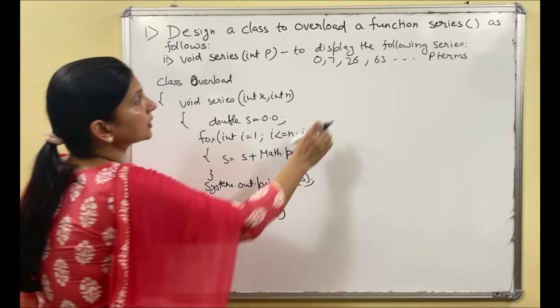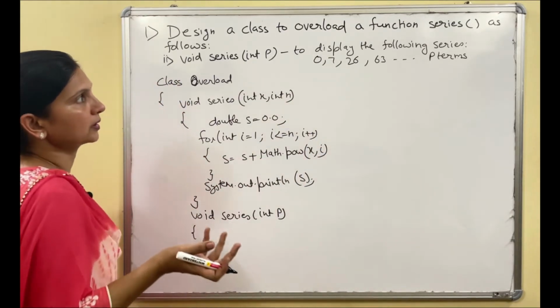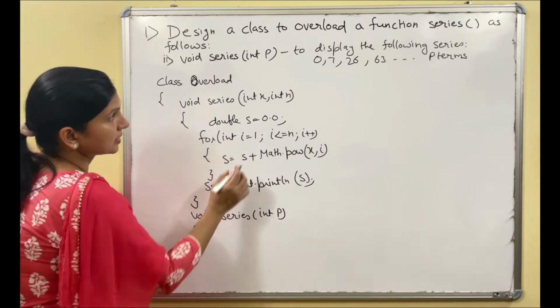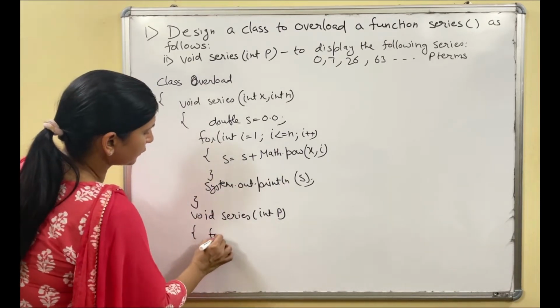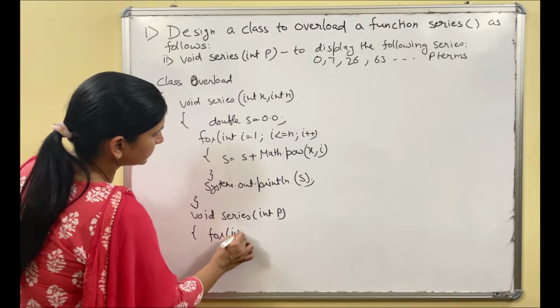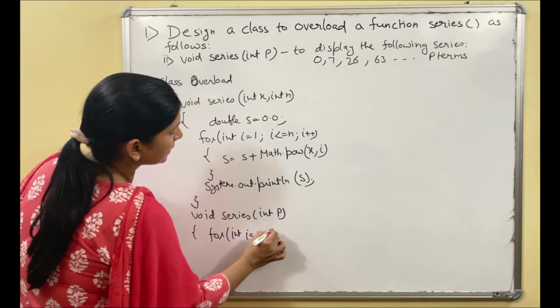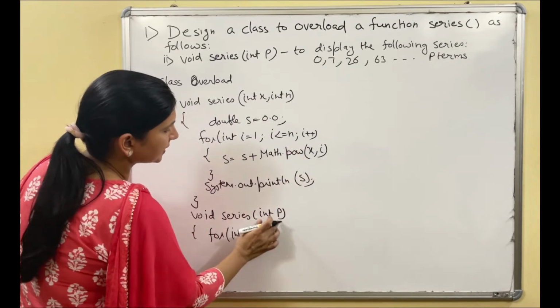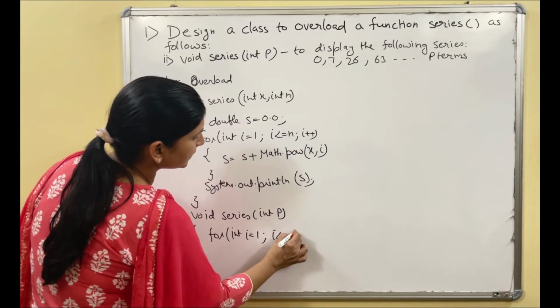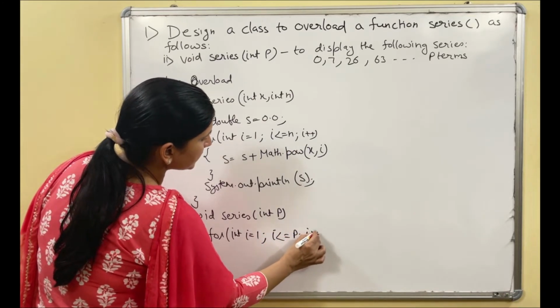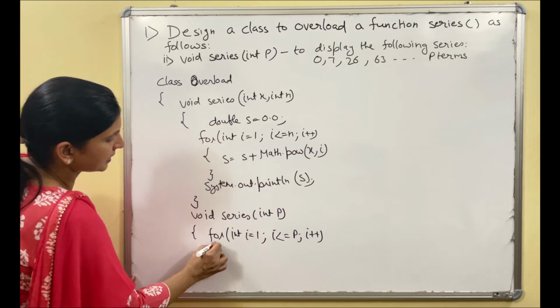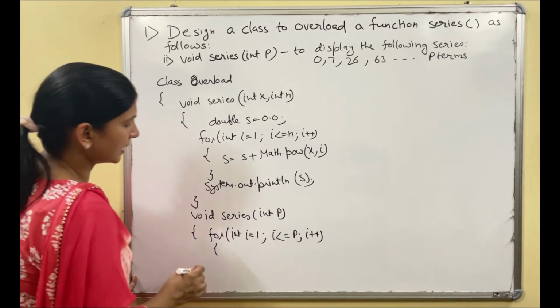Now we need to display only, so no need to take a variable. Simply, we will write for int i equals 1. How many terms are there? P terms. So the loop will go up to p terms, i plus plus. And in this we will display the terms.